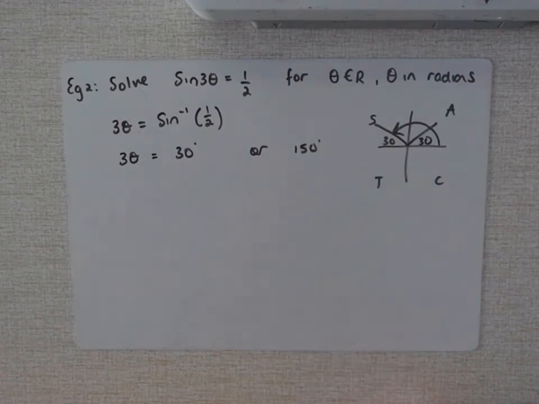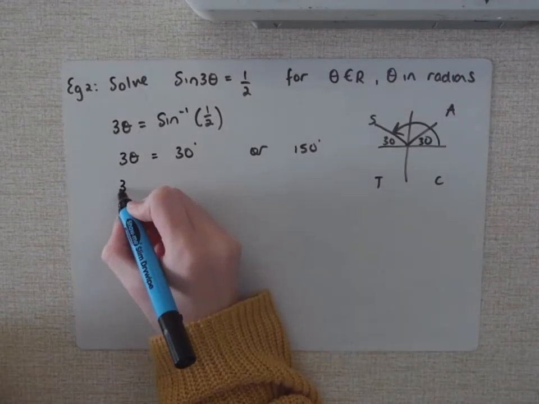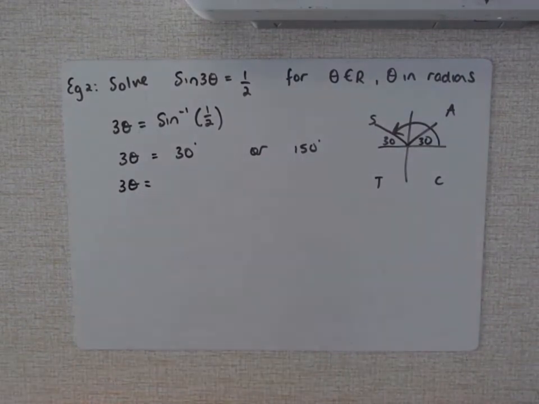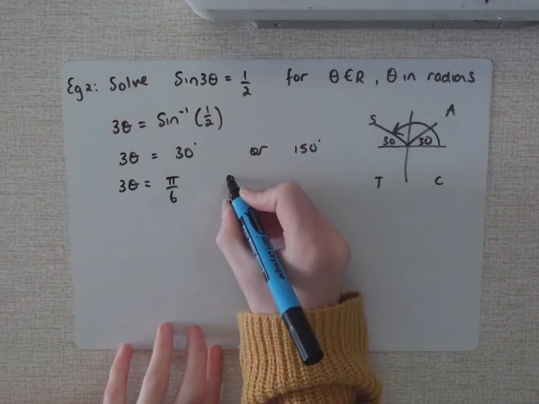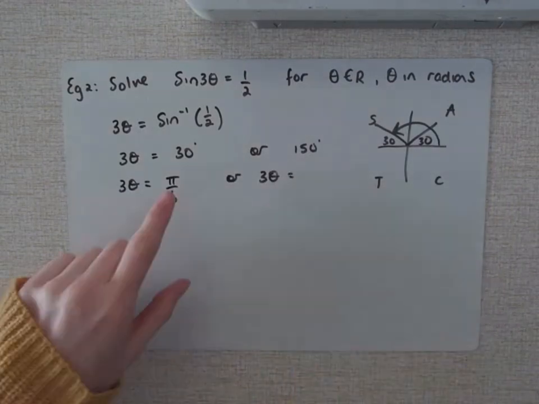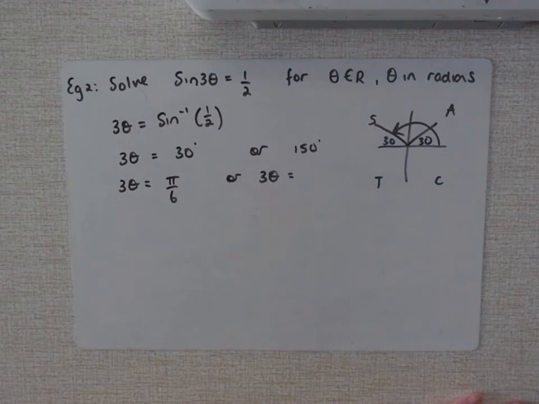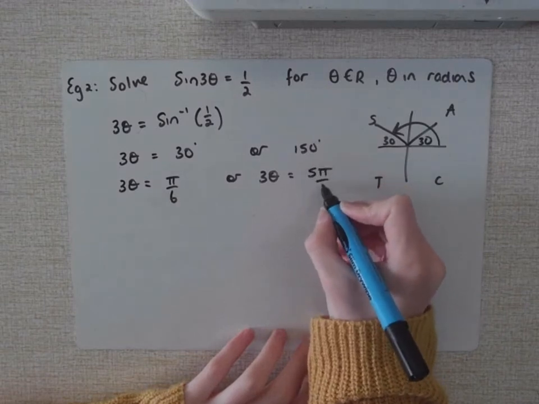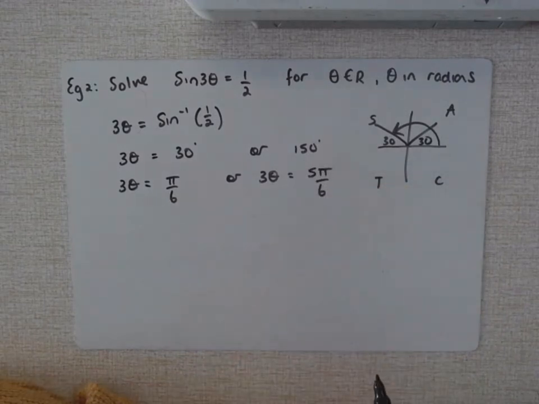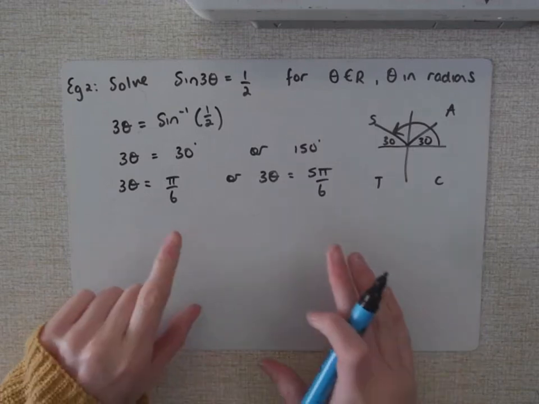Now, I'm actually interested in radians, aren't I? So 30 over 180, which is 1 over 6, so 3 theta is pi over 6, or 5 pi over 6. Now, that's just two answers.